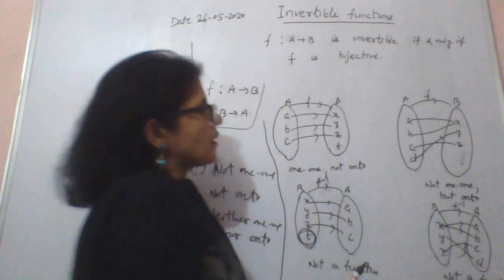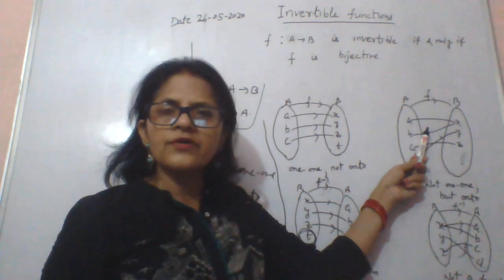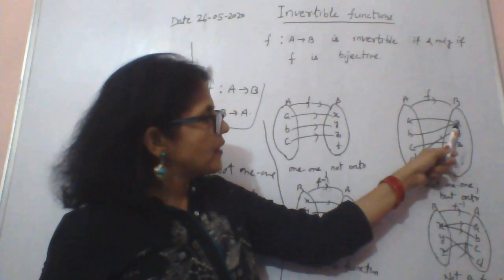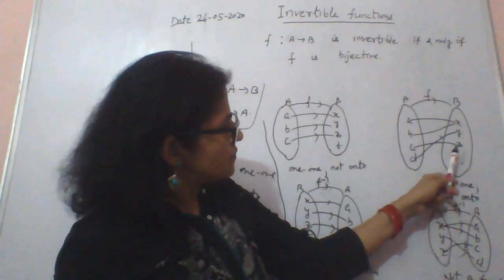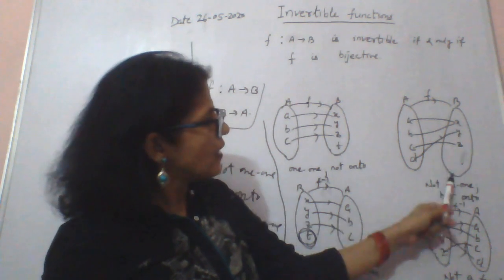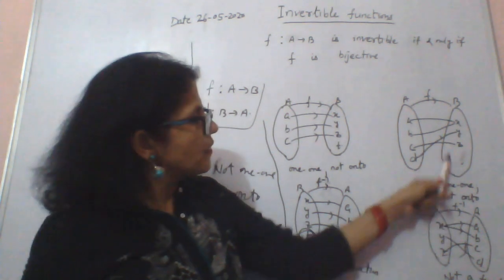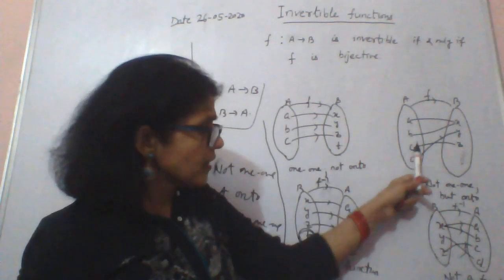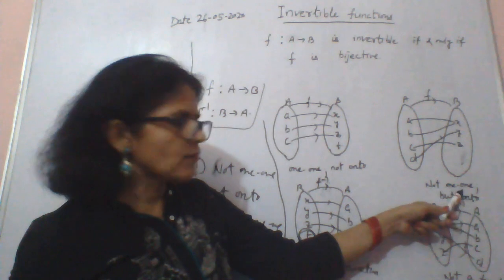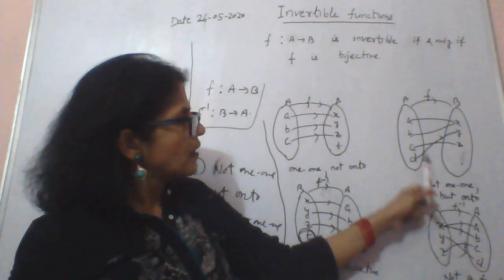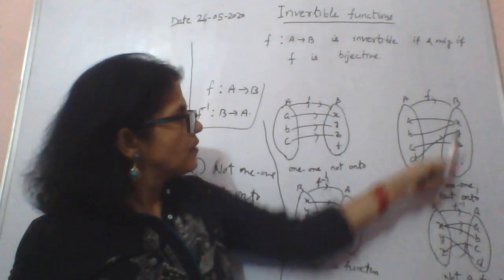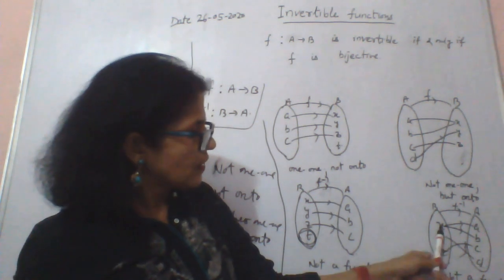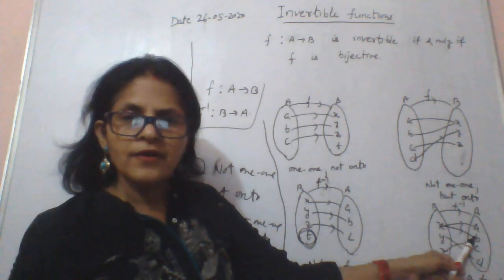Second case I have taken, here the function is not 1-1, you see it is a many-one function: a to x, b to x, c to z, d to y. The function is onto because range equals codomain. So in this case, this function is not 1-1 but onto. Now if I take f inverse from B to A, just look at the mapping: x to a, x to b.